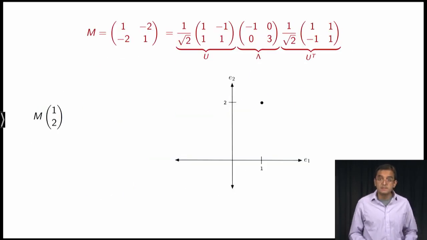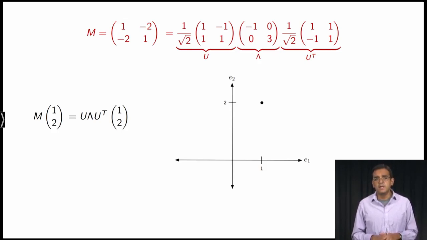So now let's break the operation of the matrix as a linear function down into these 3 components: the basis change, the scaling, and then the basis change back. Okay, so suppose we are applying the matrix M to a vector 1, 2. What exactly is going on? Okay, so we can also write M as U lambda U transpose.